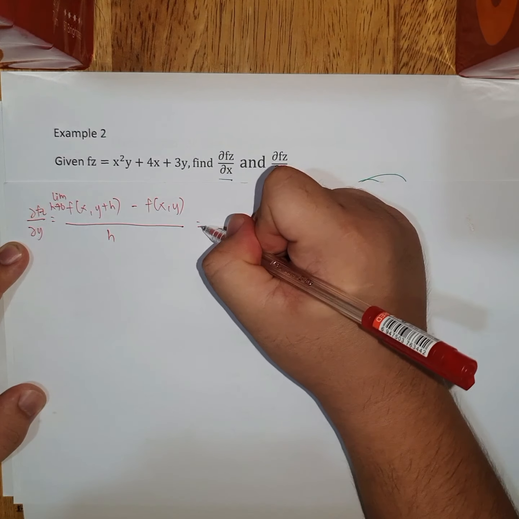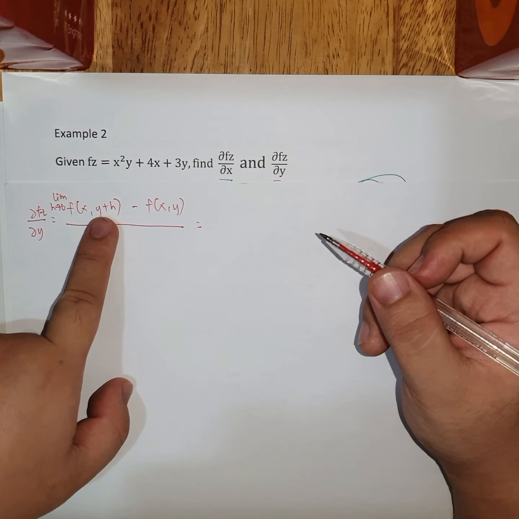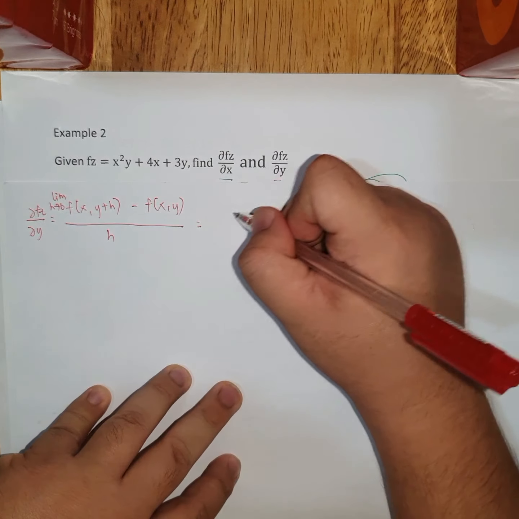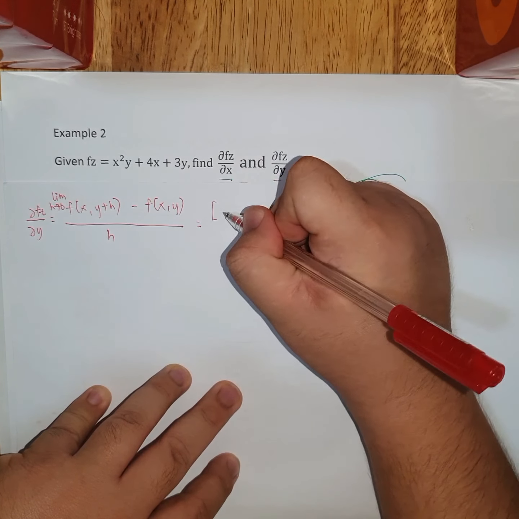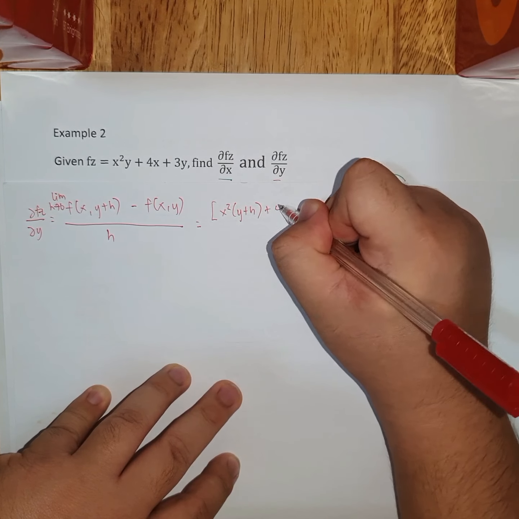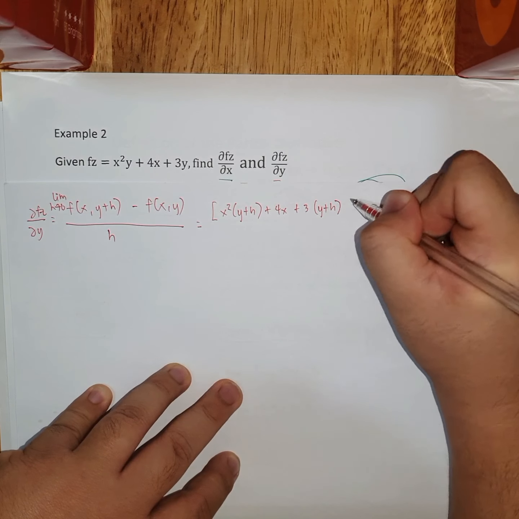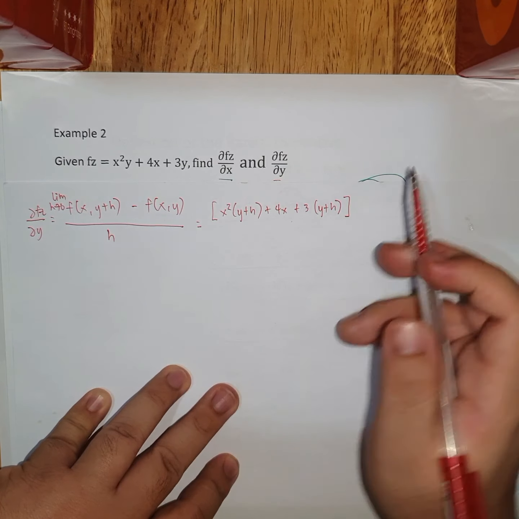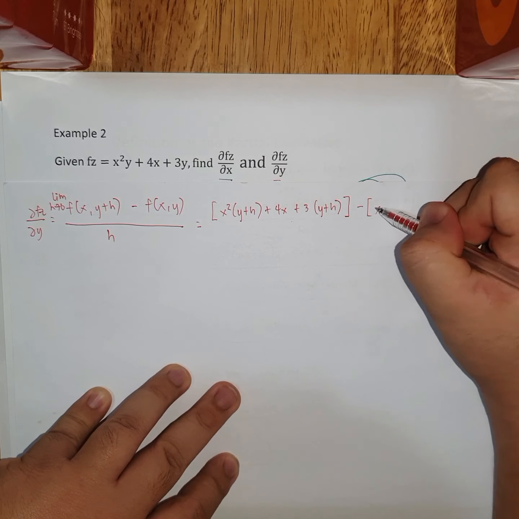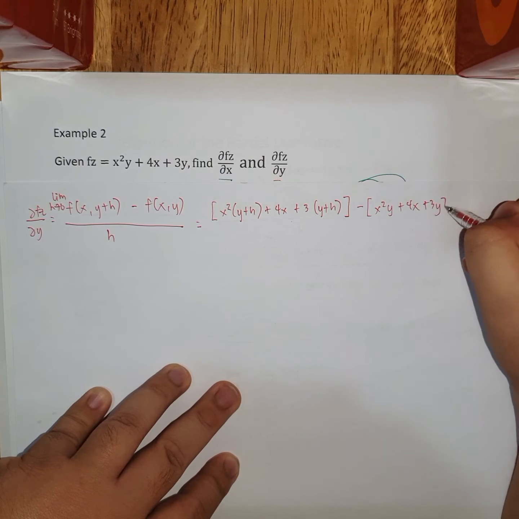Okay, then substitute natin yung value ng original function wherein yung y natin na-add natin ng h. So this will be x squared, then y plus h plus 4x plus 3 times y plus h. Okay, ito yung first term natin, minus yung original function natin, x squared y plus 4x plus 3y.